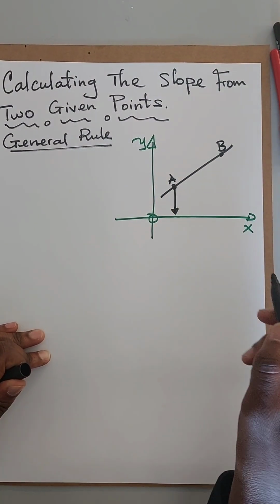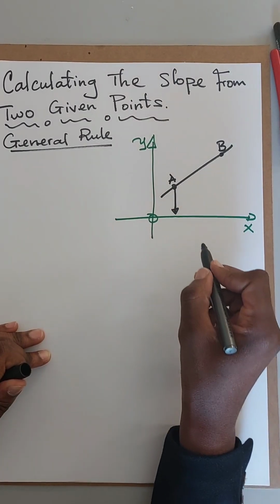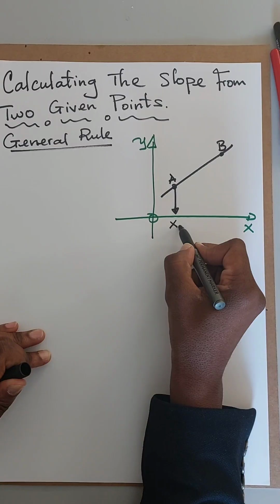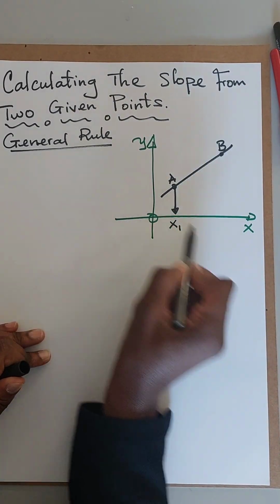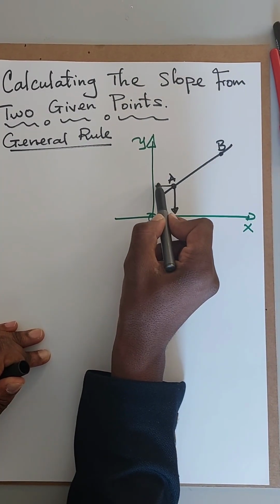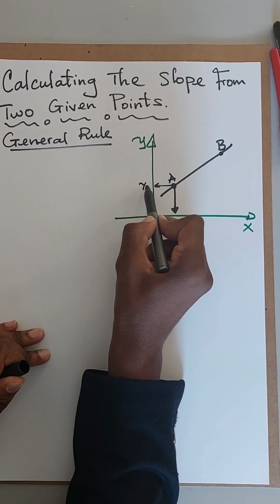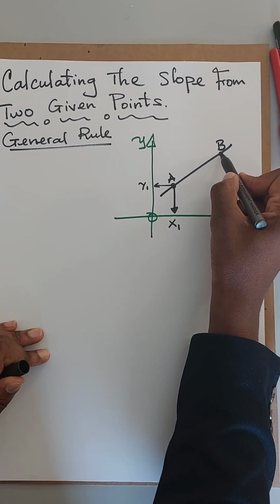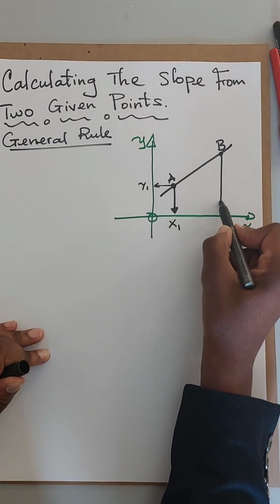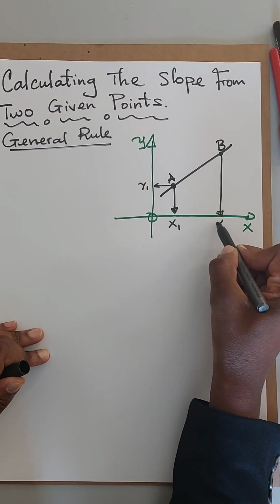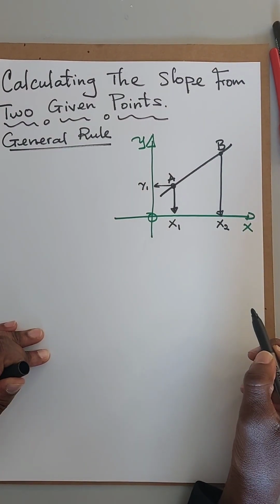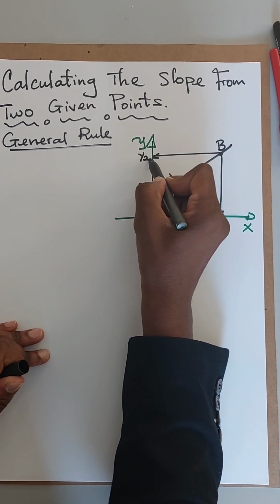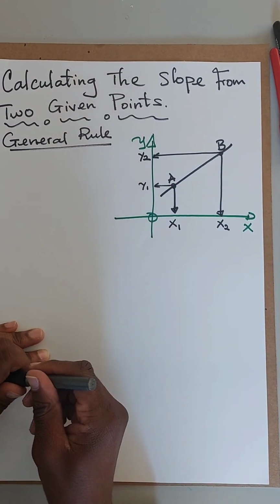Now, these 2 points on the line, A and B, have coordinates. Let us say the coordinates of the point A are x1 on the x-axis and y1 on the y-axis, and the coordinates of the point B are x2 on the x-axis and y2 on the y-axis.